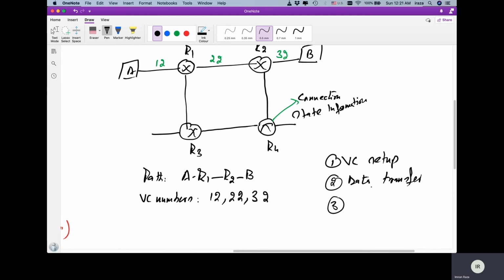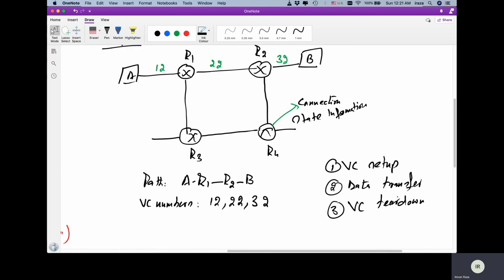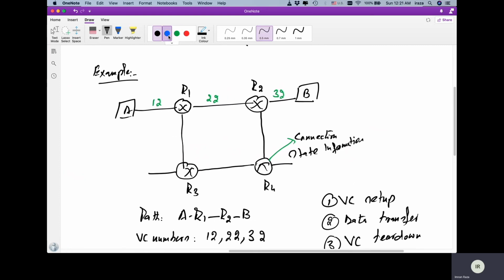And phase number 3 is called virtual circuit teardown. After sending the packets, we terminate this connection. So using virtual circuit networks, we first establish a connection. We set up the virtual circuit. For example, we have established that this is the path that all the packets will use to travel from machine A to machine B, right?